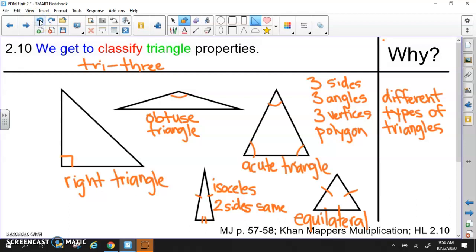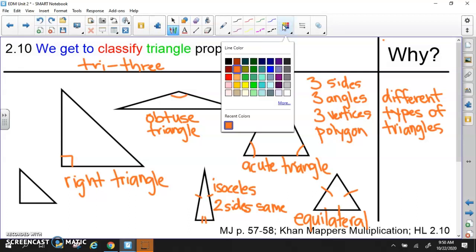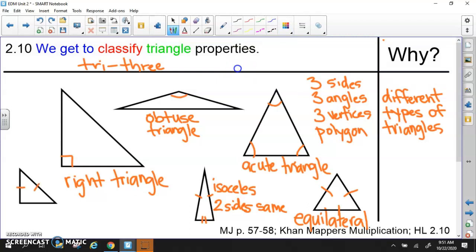I'll do it again here. What if I do this? Oops, nope, go back. I know, funny. Mr. Peel's a funny guy. Okay, one side is a length, this side is that length, and this side is a third length. Does everybody understand that there's three different length sides with that mark there?